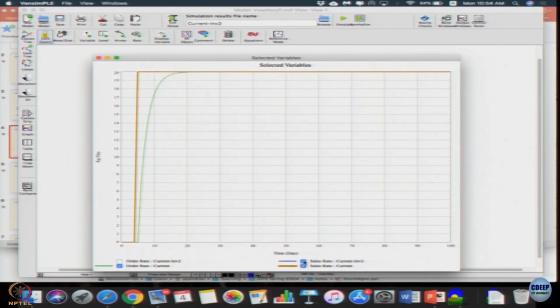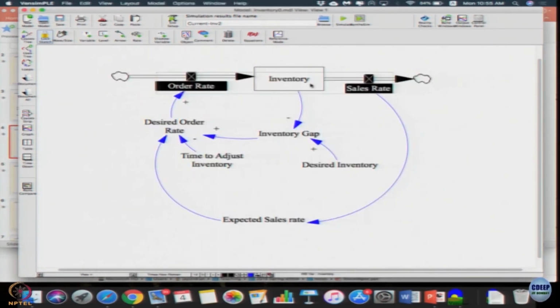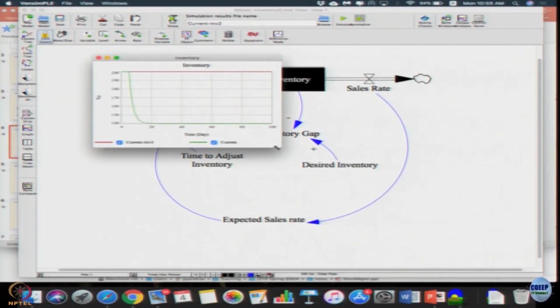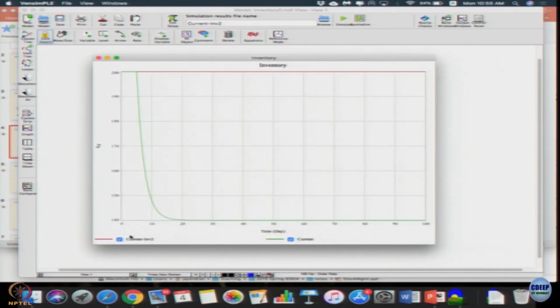Previously we got these graphs. For a step change in sales rate, we got exponential smoothing behavior right here. But when we changed it to include the sales rate, it immediately reacted and the order rate value became equal to sales rate almost instantaneously, because of which my inventory is a straight line in this case as compared to the previous case where it dropped down and came to 140.